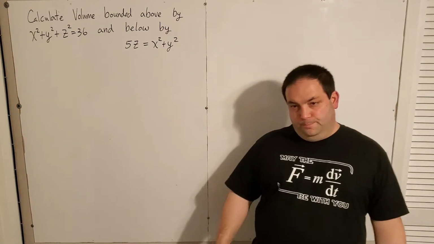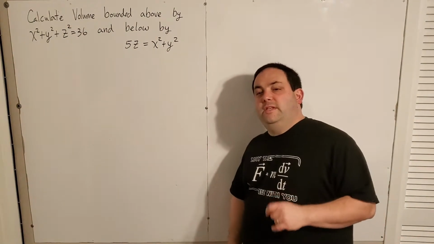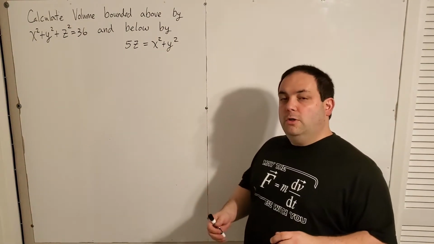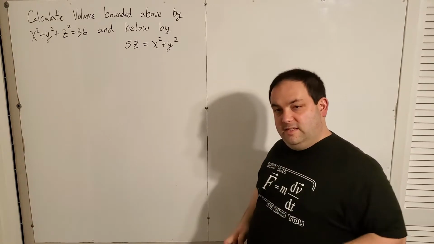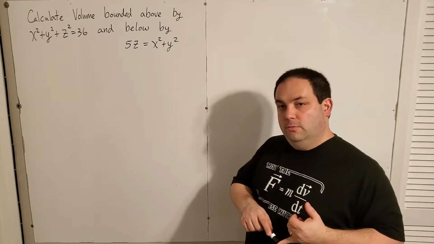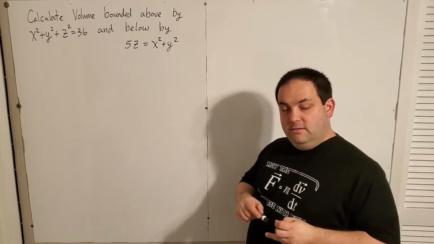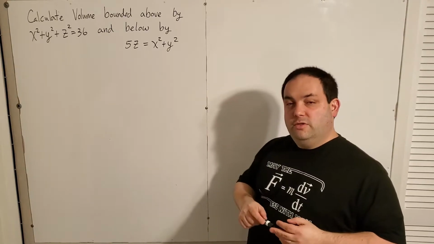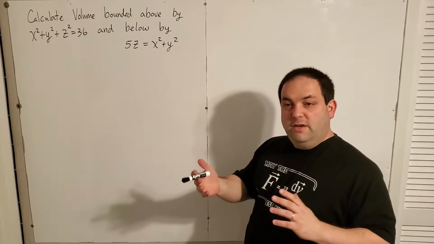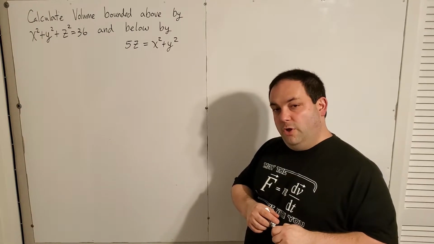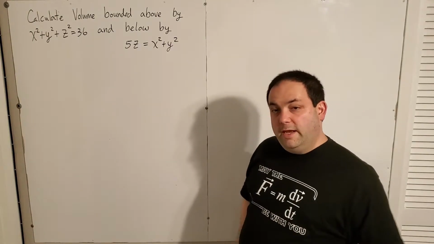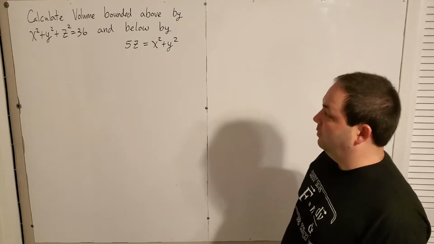Next example. I'm going to take this particular situation and we're going to look at it in all 3 different systems. Let's start in rectangular, and then we'll also try it in cylindrical, and then we'll also try it in spherical. Then you can get a feeling for how all of those integrals go and which one you may like in certain situations. Okay?